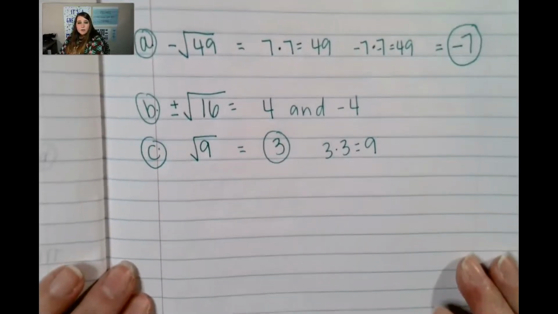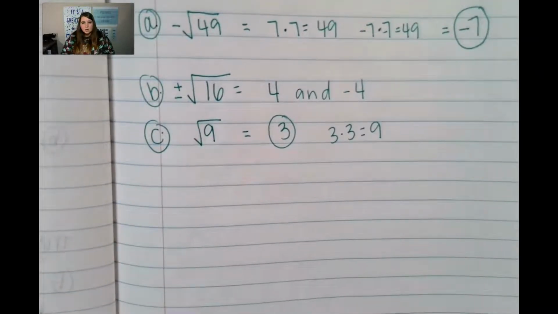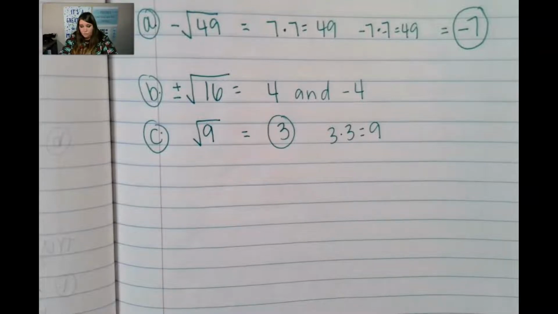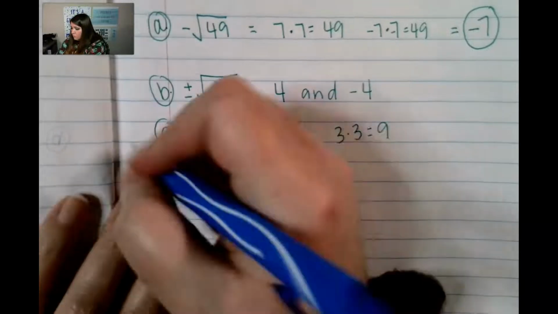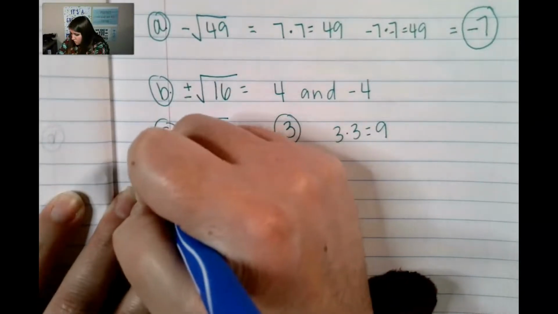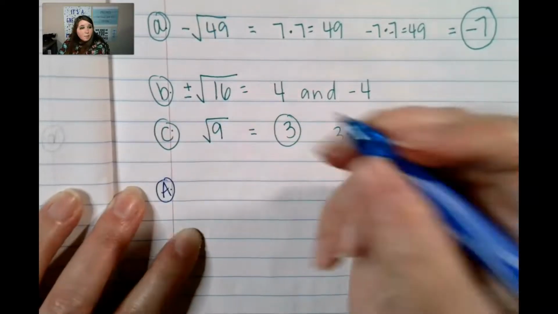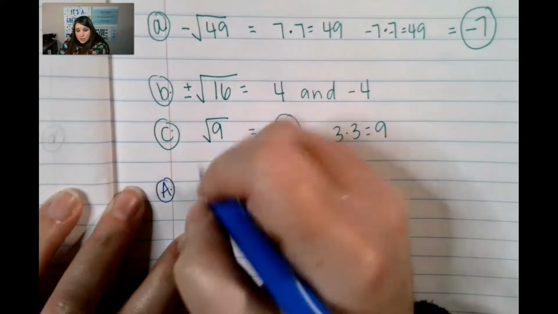Okay, so now that we've done some of that, let's talk a little bit about how to solve these problems, and when will you even see them? So I want to give you, so let's just do problem A. Okay, so problem A says, evaluate the expression.